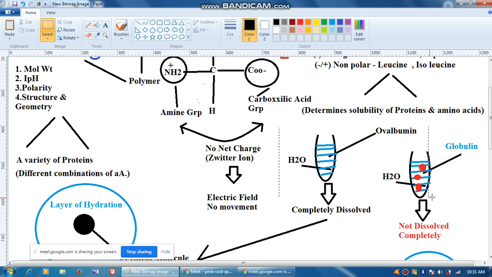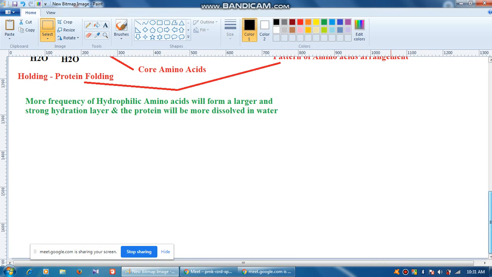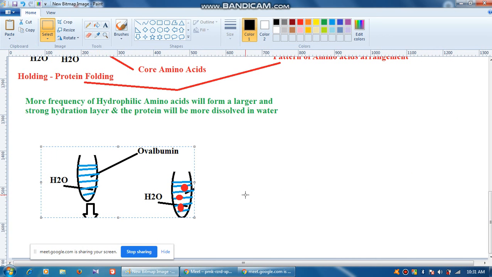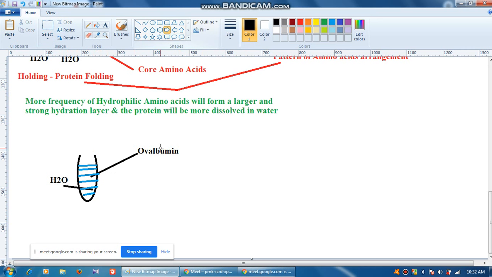Just hold on. What will happen if I am adding salt in it? Here it is an albumin solution.